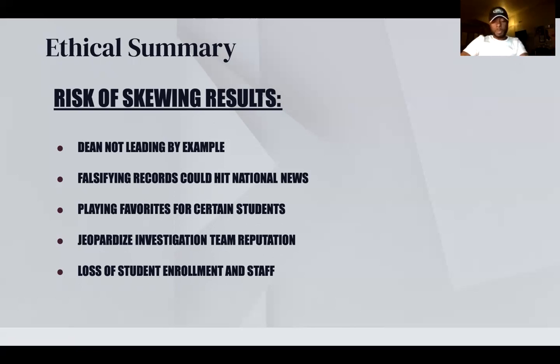Lying would be doing the complete opposite of what you're trying to deter. Falsifying records could hit the national news and could potentially lead to your termination as the dean of the university. Certain professors may play favorites if they know some students are more likely to cheat than other students. It not only hurts the school's reputation, but it can also hurt our company's reputation. Lastly, the factors of cheating at this university could deter students and professors from applying to the school.